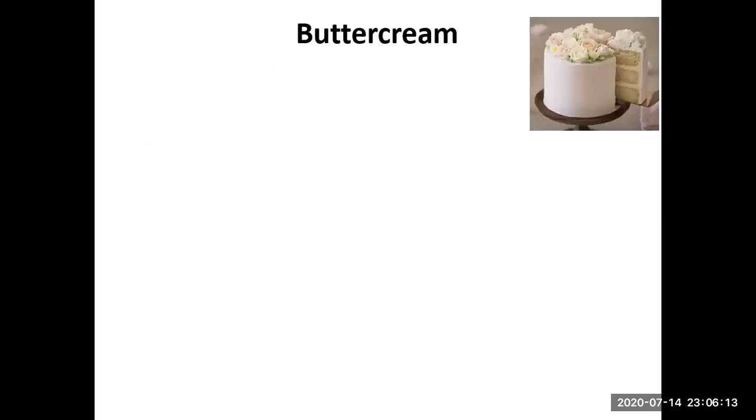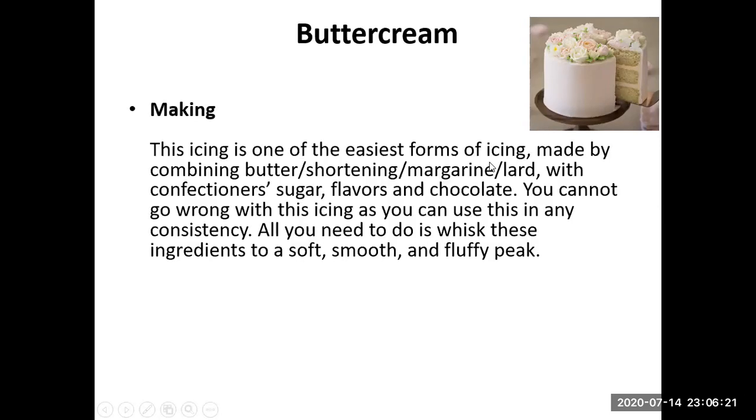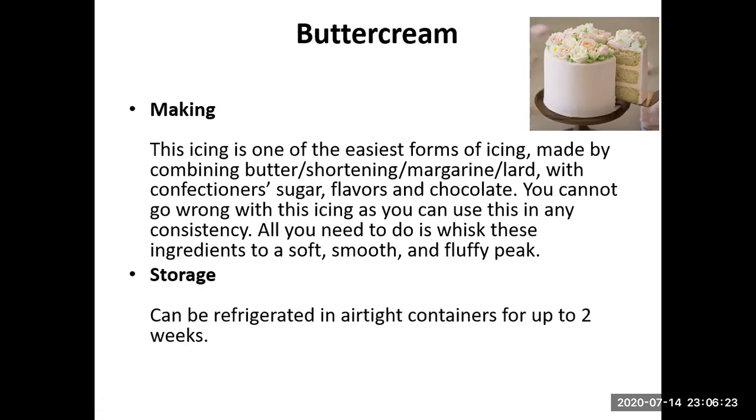If you go for the first one, that is buttercream, you can see the figure there. That is a cake decorated with buttercream. So how can we prepare that? It's very easy. You just have to combine some materials. It can be butter, shortening, margarine, lard, any kind of shortening. And you can check there, they're all shortening. Nothing is like oil.